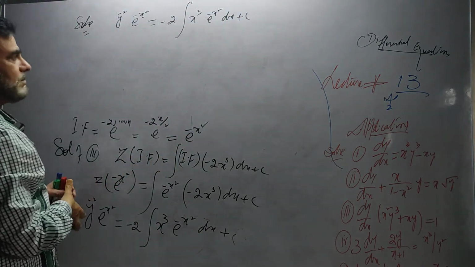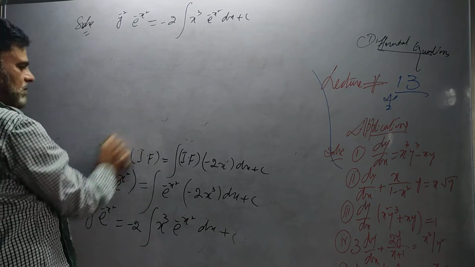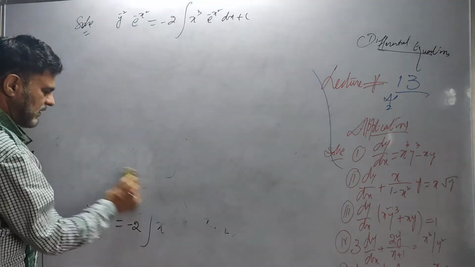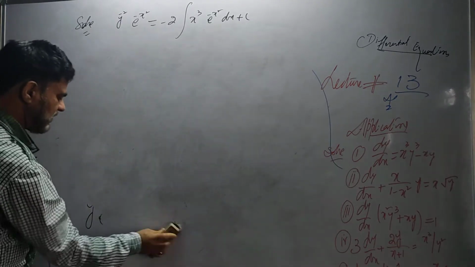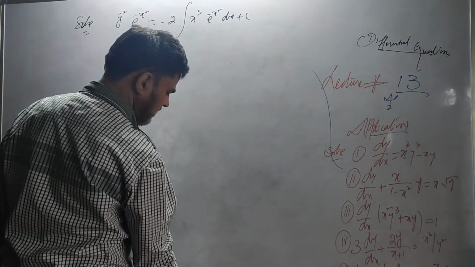Now how should I go? This integral seems to be typical, but it is not typical. We can do it in different ways. The best way will be to go by substitution. We can solve it by the substitution method.